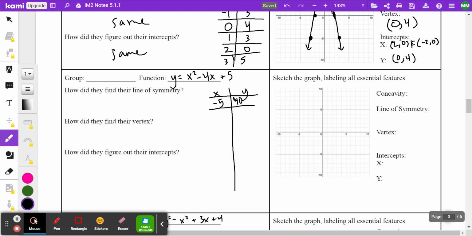What happens when x is negative 2? Okay, when plugging that in, I get 7. That's more graphable. Okay, negative 1. That gives me y is 0. Really? Let me think. 1 minus 1 plus 4.